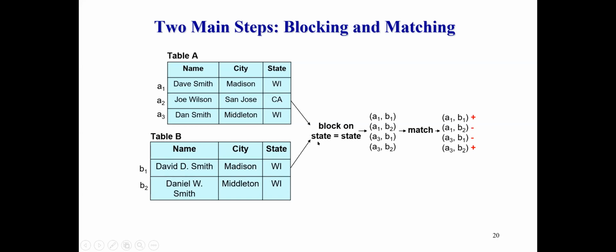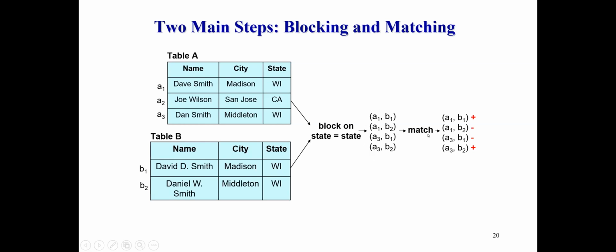So the first thing you do is use some heuristic rule to very quickly reduce the number of tuple pairs you need to consider. You may say, I will only look at tuple pairs where the two states agree, because if they don't agree, then they cannot match. In that case, you would never look at tuple A2 and tuple B1 because the two states are not the same. Then you will quickly have a much smaller number of tuple pairs to look at.